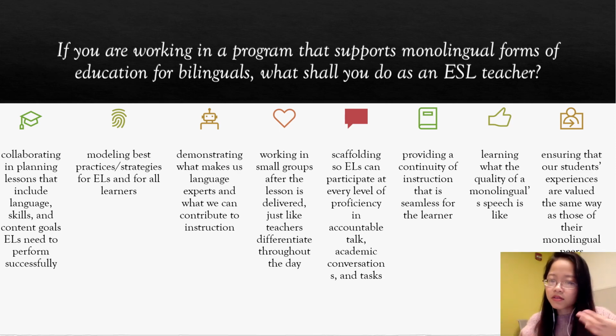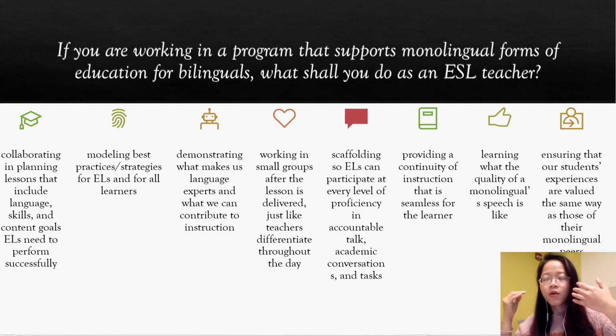Or learning what the quality of a monolingual speech is like. So it means after you paraphrase or you model the speech, you can ask the students to think and prepare a summary of what you just said, and then the students retell the instruction, or retell or elaborate their understanding in their own words.